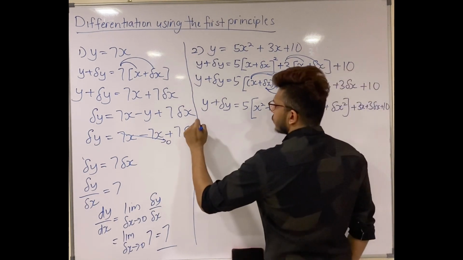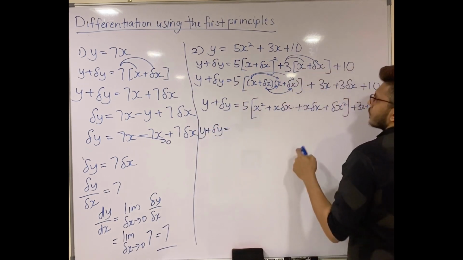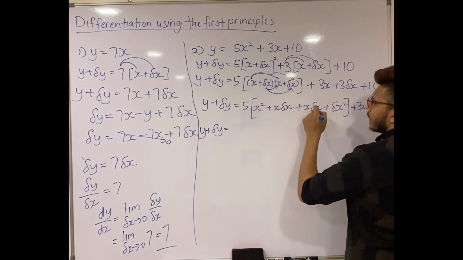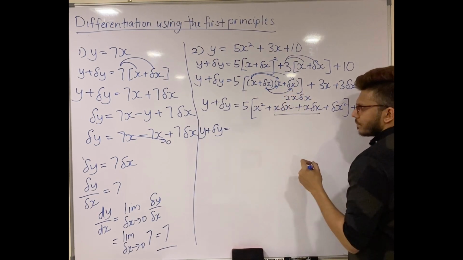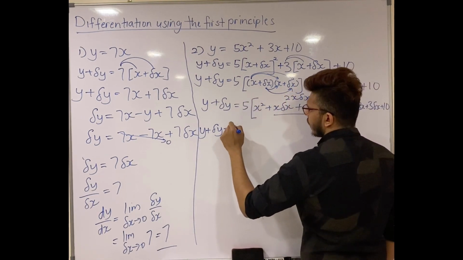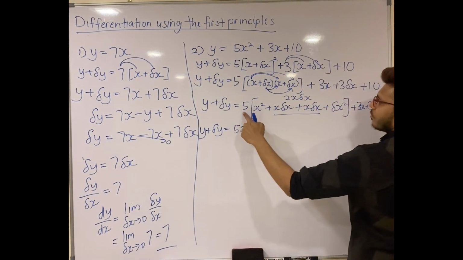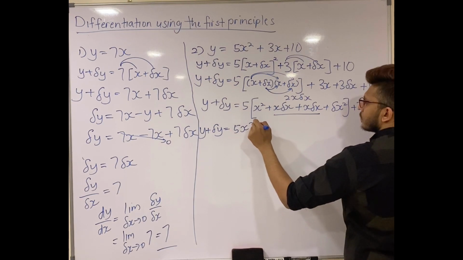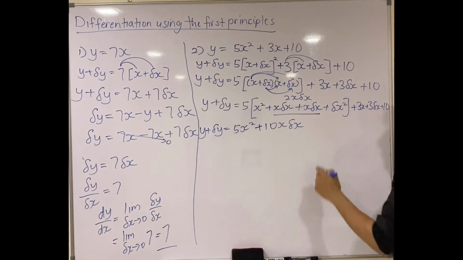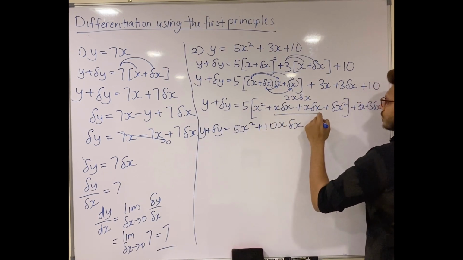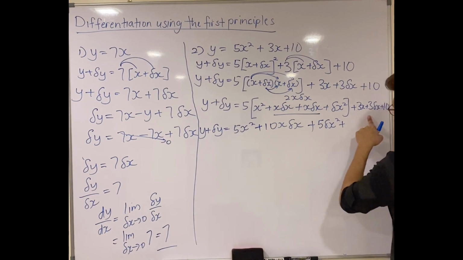Now let's continue. x delta x plus x delta x is going to be 2x delta x. So here when you expand, you're going to get 5x squared plus 5 times 2 is 10x delta x plus 5 delta x squared and the remaining ones here.